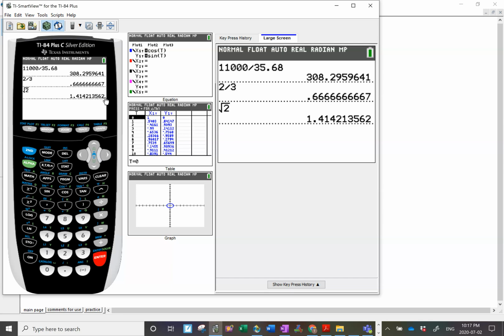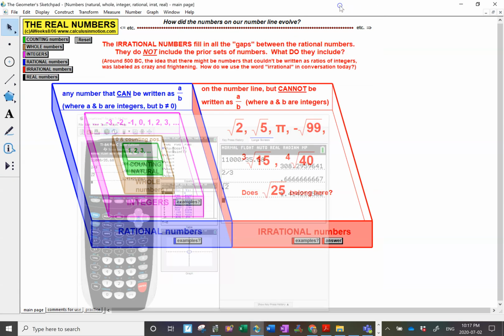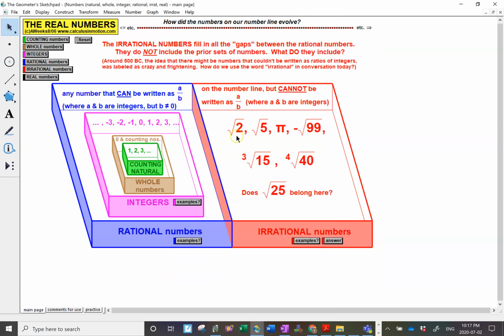It continues on and on. So any root of a non-perfect root, we're going to talk about what a non-perfect root is in the next lesson, is considered to be an irrational number. Anything that cannot be written in the form A/B is an irrational number.